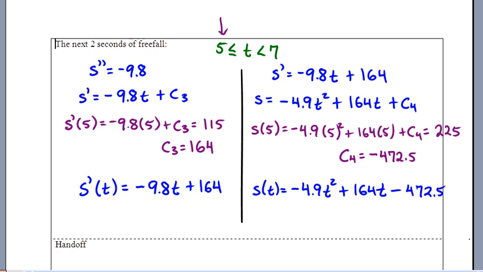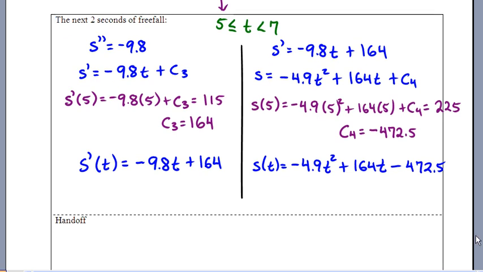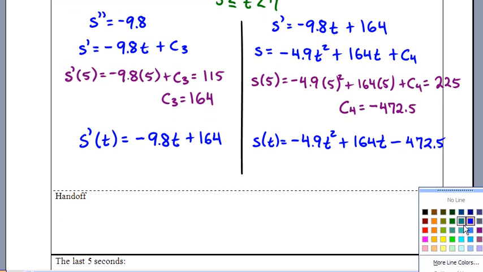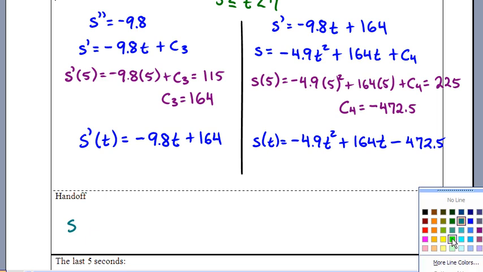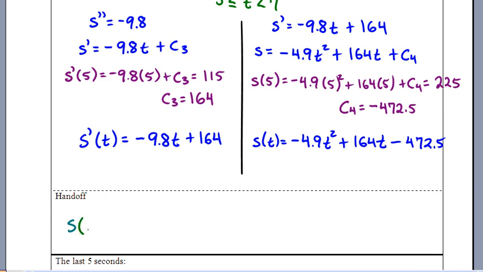That will predict correct position values, but only for those 2 seconds that occur between time 5 and time 7. Let's look at the handoff. What happens right at time 7 when this math no longer keeps working? It's good up until 7. So let's check it out right at 7 as a limit. I'm going to put negative 9.8 and then the 7 in here, plus the 164.